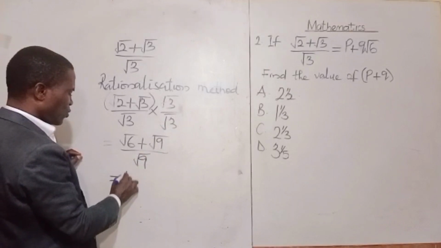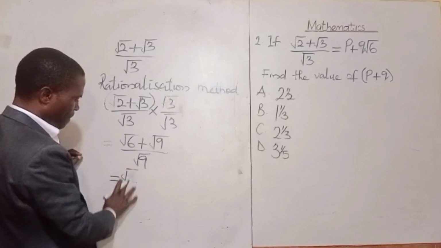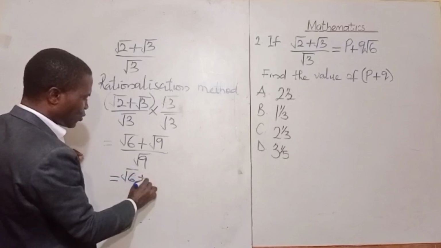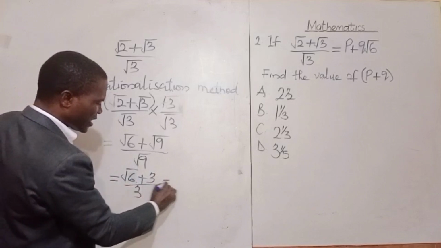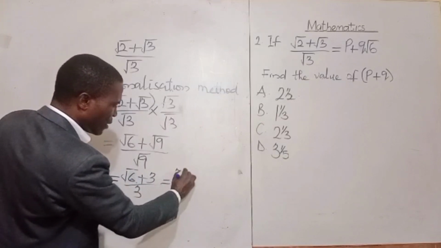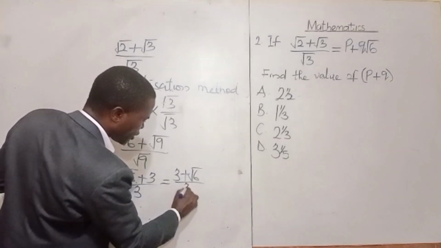Here we have root 6 plus 3 all over 3. This one is going to be the same thing as 3 plus root 6 all over 3.